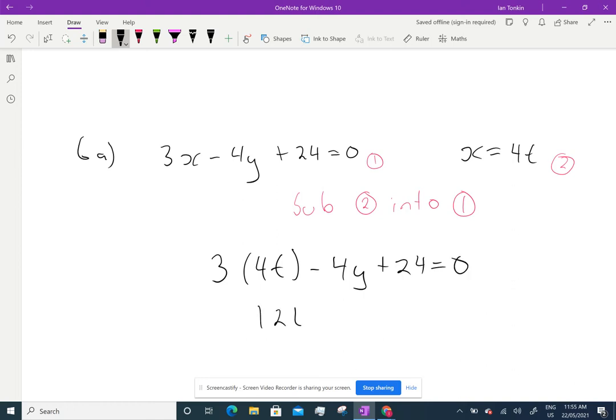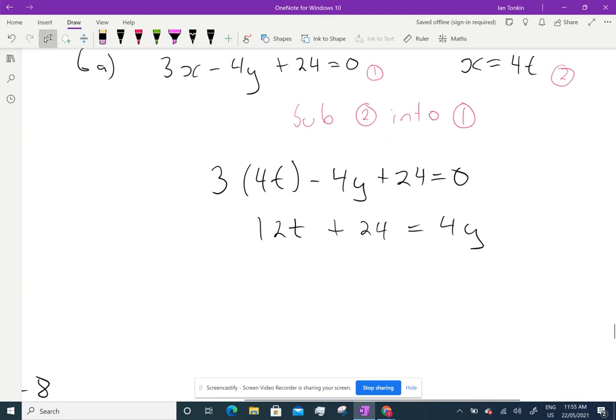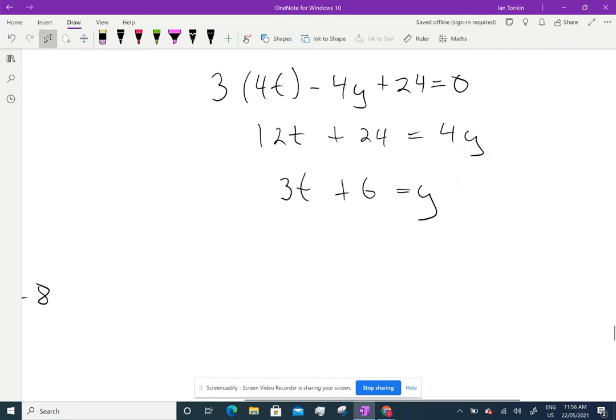That's 12t. I'm going to take that 4y over straight away. Plus 24 equals 4y. And look at this, it's going to work out really neatly because both these are divisible by 4. So I divide by 4 and I get 3t plus 6 equals y. Hence my equation, or if I wrote it as a set of coordinates, x is 4t and y is 3t plus 6.